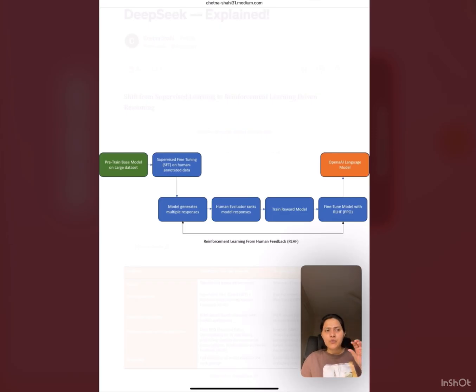Okay, we used that to have our fine-tuned model, and this fine-tuning was done using human annotated data. The examples could be your question answer data, your text and summary data. So these kinds of data were used to develop our fine-tuned model. Let's call this SFT, supervised fine-tuned model.